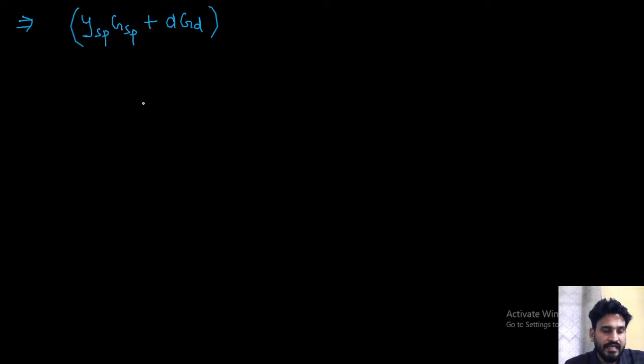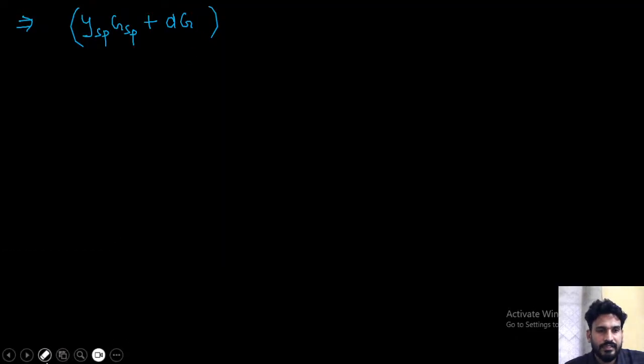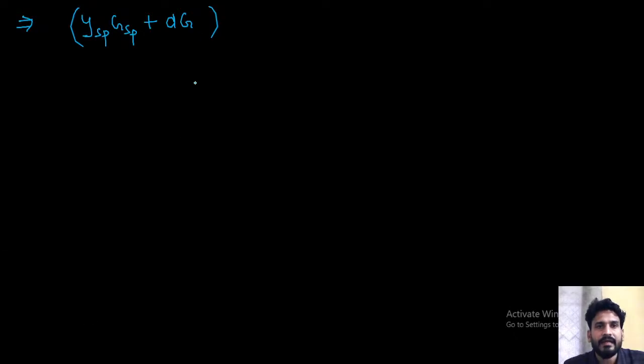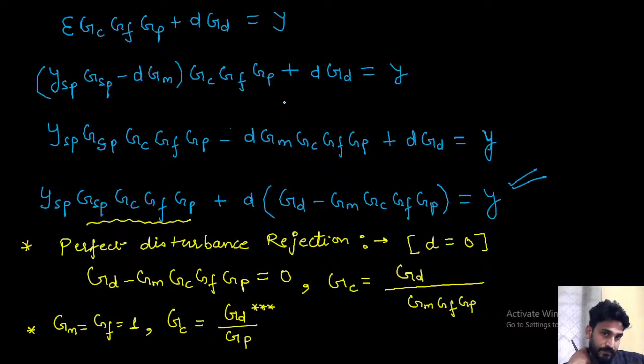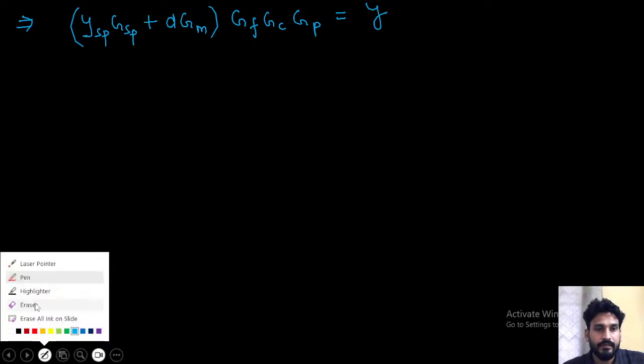So this is basically the error generated. Sorry, DGM. This is the error generated, and that error is multiplied with your controller, final control element, and the process, and that is equal to your Y. So this is the equation, plus DGD also.